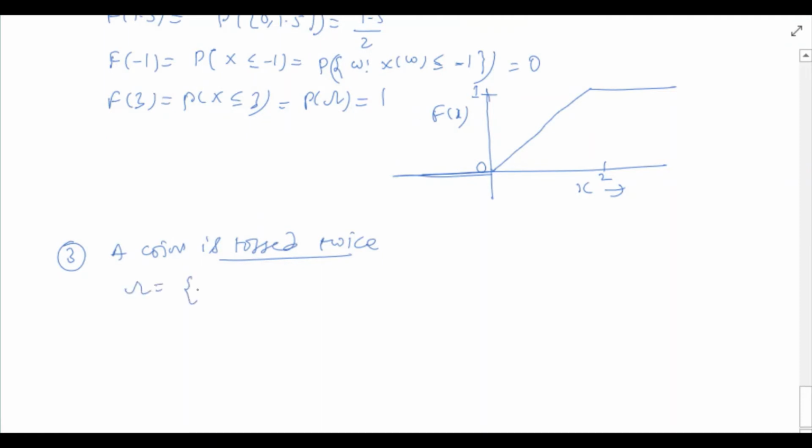Clearly, in this case, the sample space is HH, HT, TH, TT. We define a random variable X, that is a mapping from Omega to R, as follows. X of omega is the number of heads in omega.